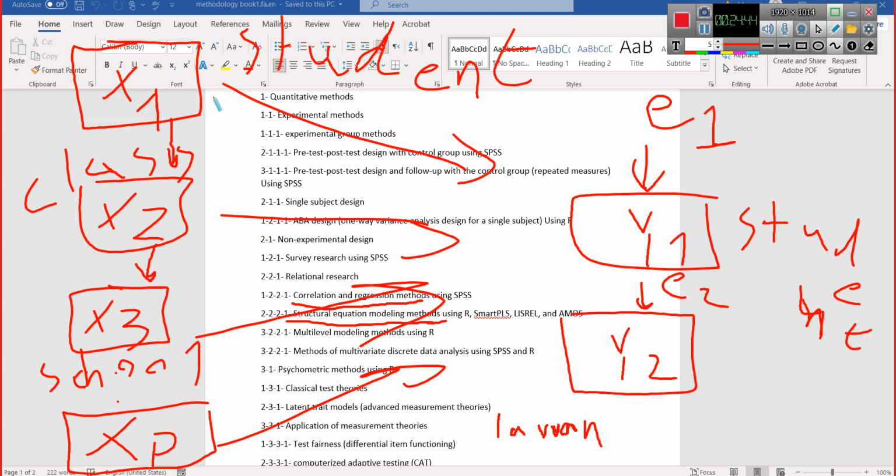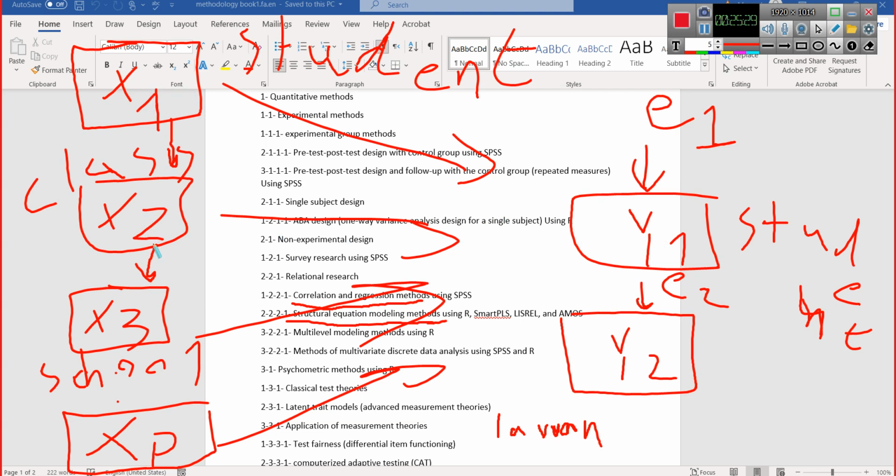For example, I'm going to not only investigate the direct relationship of the predictor x1 with y1, I'm also going to mediate the relationship through the x2 variable. That is an indirect relationship: x1 through the x2 variable affects the y1.